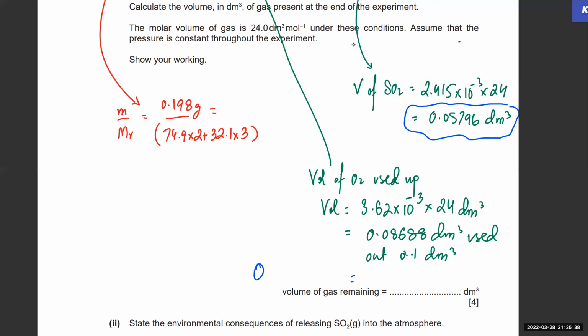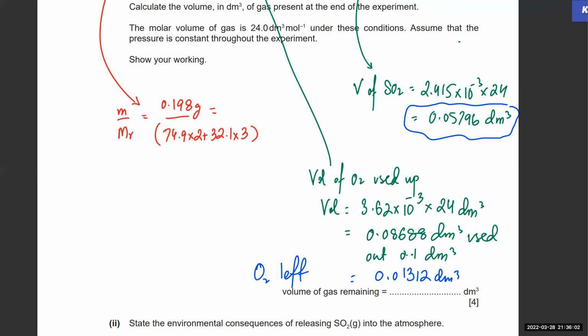So the oxygen that is left is 0.01312 dm cube.